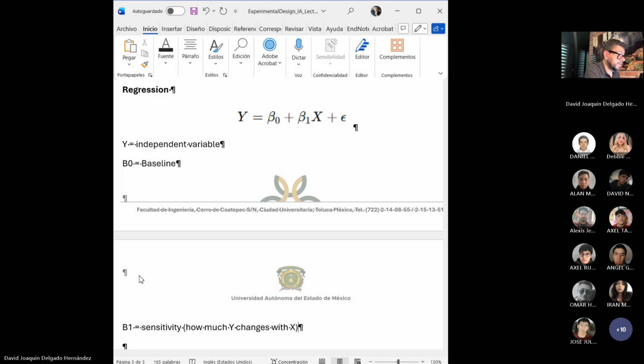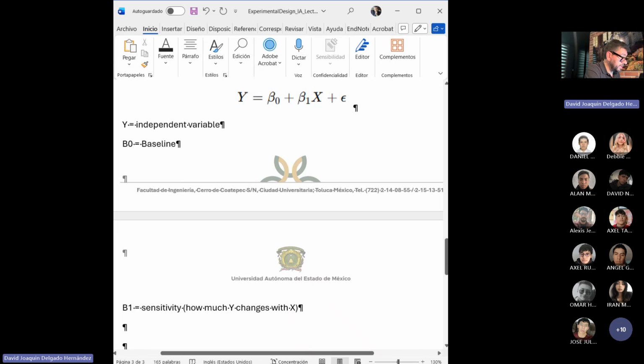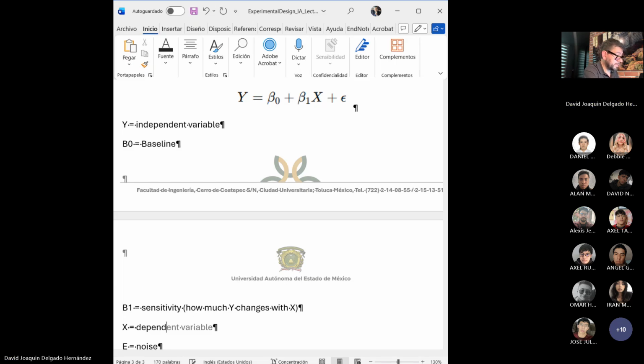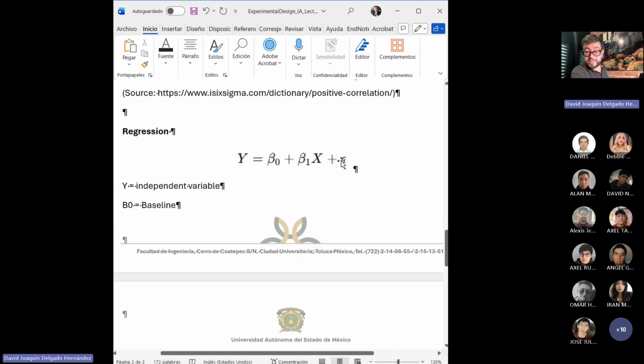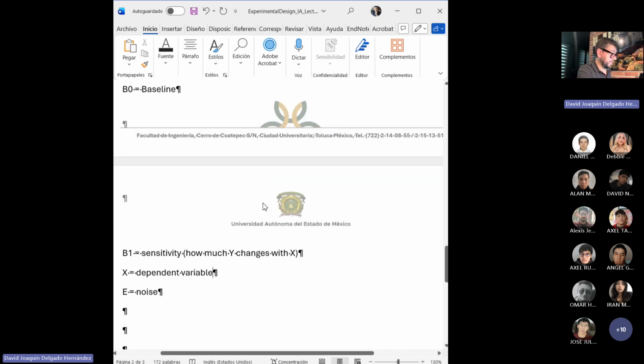Then epsilon is the noise, but before that, let us put x is the dependent variable. So this is the shape of the linear regression model that we are going to study today.